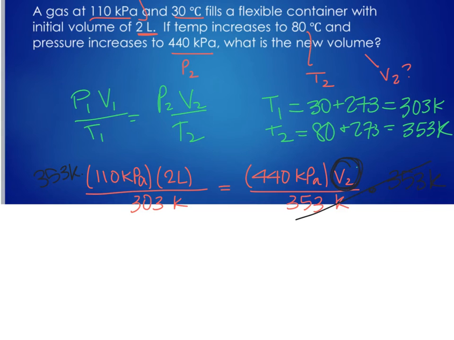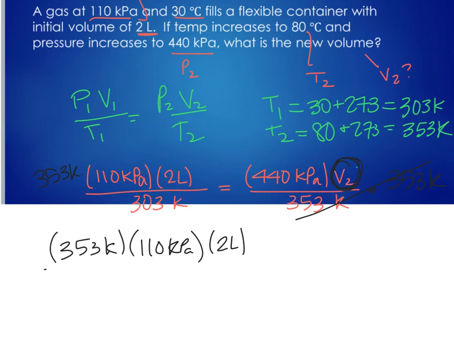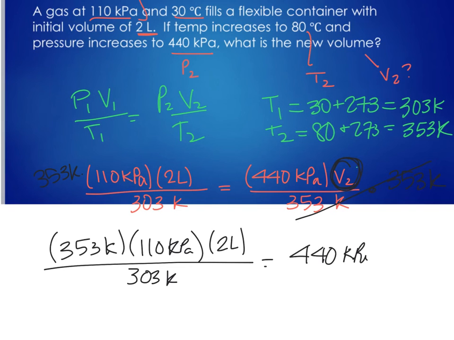I'm going to end up with 353 Kelvin times 110 kPa times 2 liters divided by 303 Kelvin equals 440 kPa times my V2. Right away, before I simplify one more step, I see that my Kelvin temps are going to cancel.